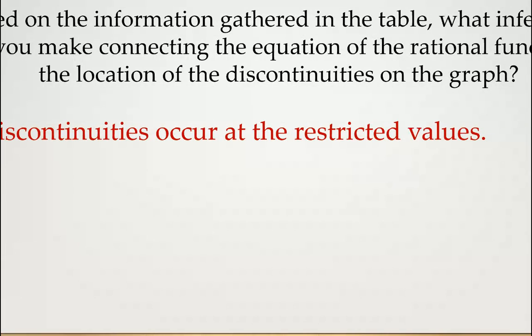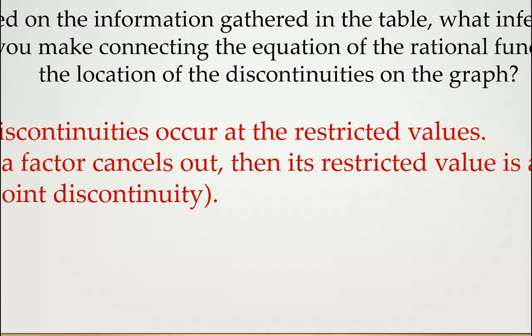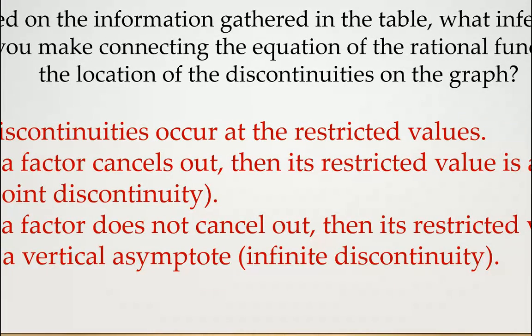That's what we get when we set the denominator factors equal to 0 and solve. If a factor cancels out, then its restricted value is a hole, or point discontinuity. If a factor does not cancel out, then its restricted value is a vertical asymptote, also known as infinite discontinuity.